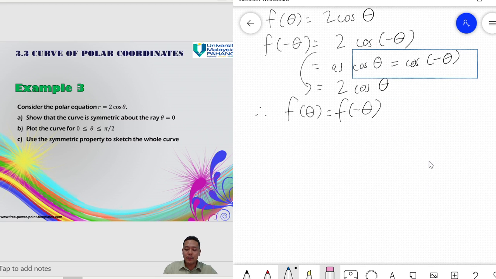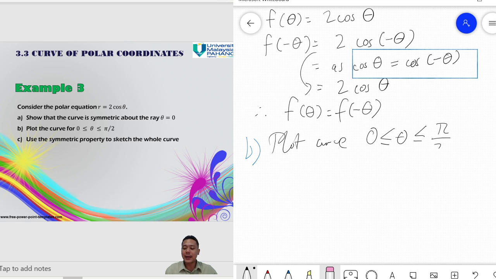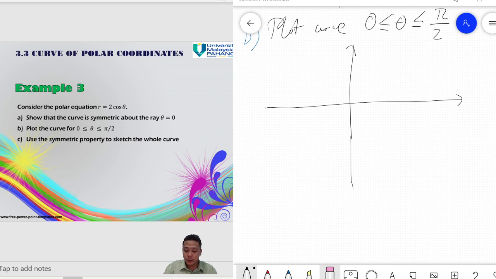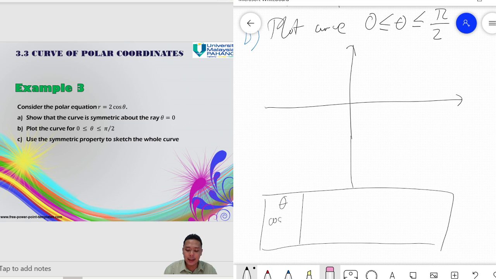Now you need to plot it. Plot curve from 0 theta only until pi over 2. So you may pause the video before you get the actual sketch. If you are not sure, you can also use the table to give you the idea. Here, theta, cos theta dengan r is 2 cos theta.